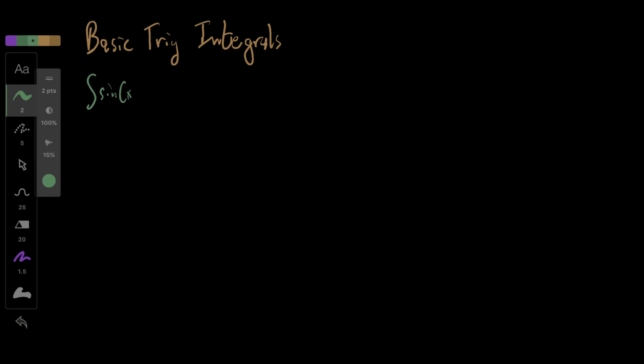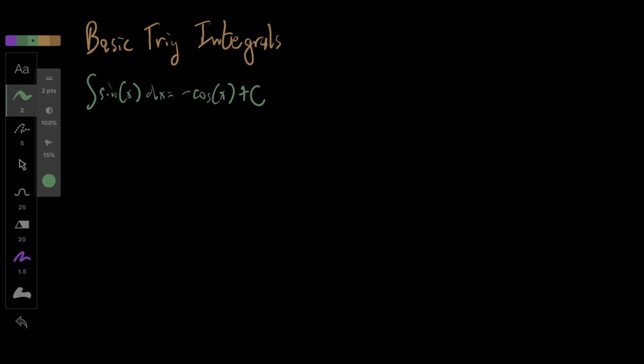Now this integral is equal to negative cosine of x plus c. Now, how do we know this is true? Well, let's differentiate both sides of this equation.